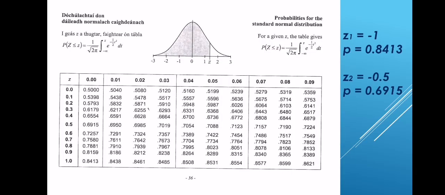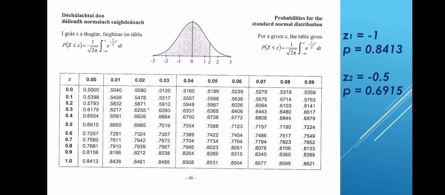So again, we go to our tables. Our first z-score is minus 1. Now, minus z-scores don't arise in the table. However, minus z-scores and plus z-scores have exactly the same probabilities associated with them because the curve is symmetric about 0. So for z equals minus 1, we find 1 in the tables, and the corresponding probability for z equals 1 is 0.8413.